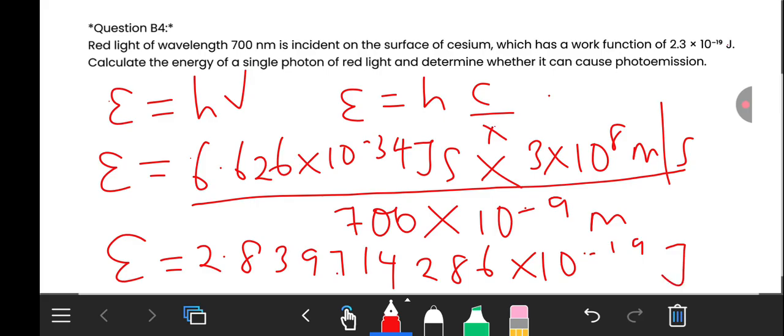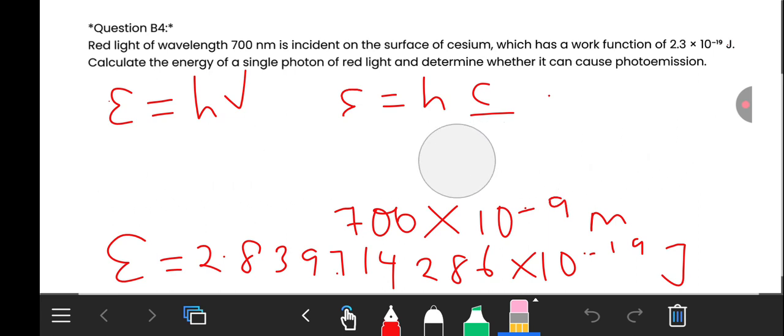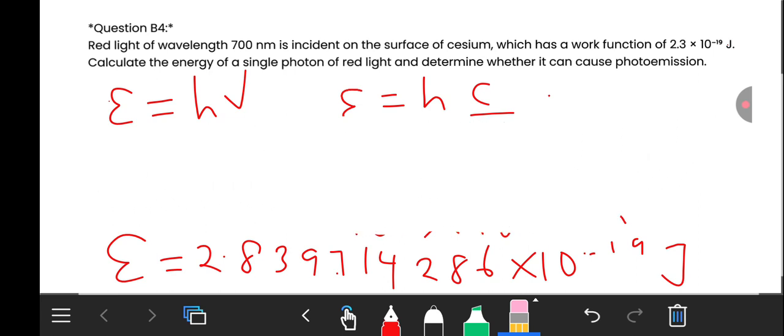So you can even round it off. To three significant figures, energy is equal to 2.84 times 10 to the power negative 19 joules.